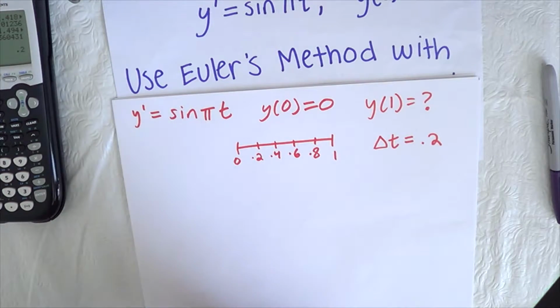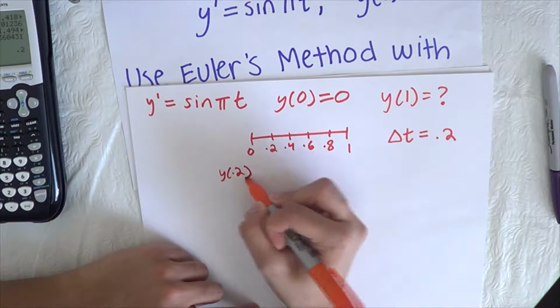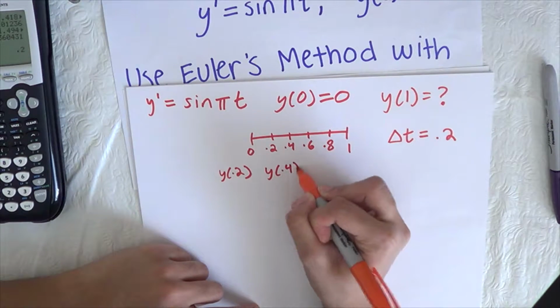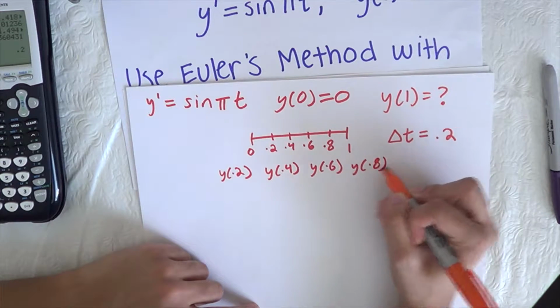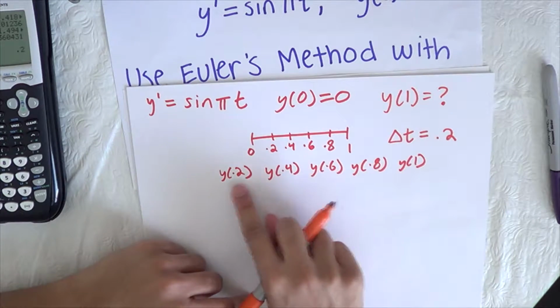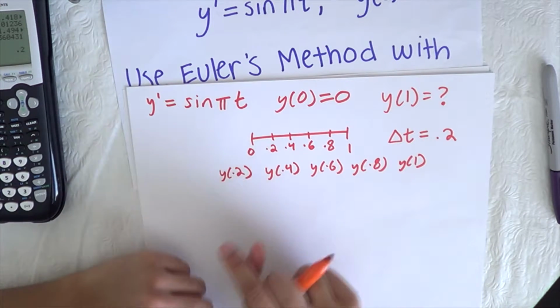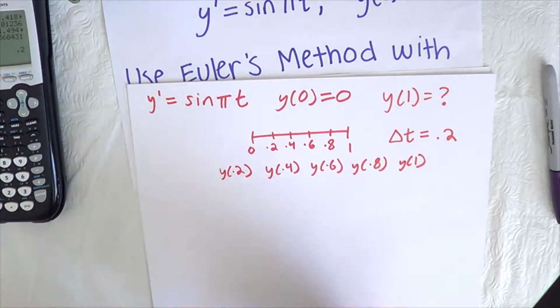The way we'll do that is we'll have to approximate y of 0.2, y of 0.4, y of 0.6, y of 0.8, and y of 1. So we'll approximate all of those, and use the outcomes of each to get what we need until we get to y of 1.